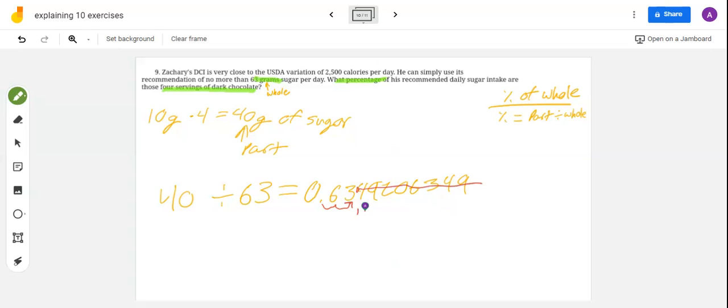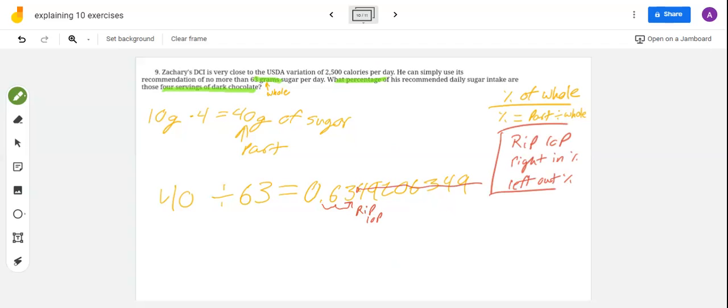Which again is written as a percent. Yay.